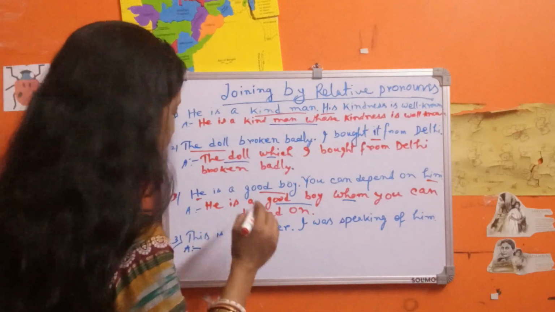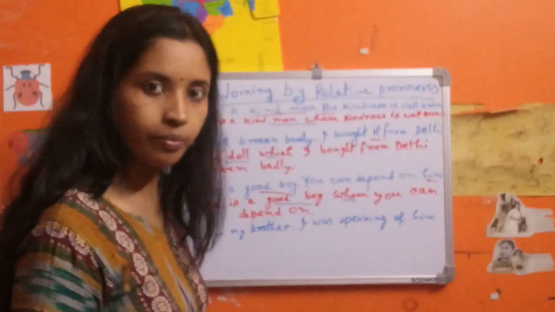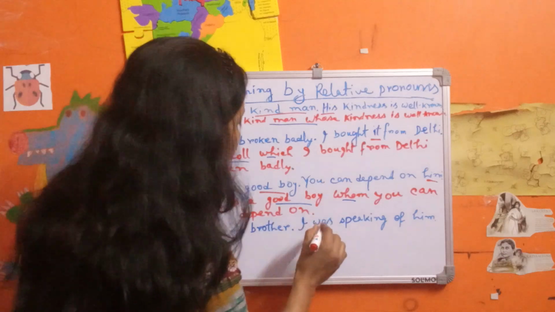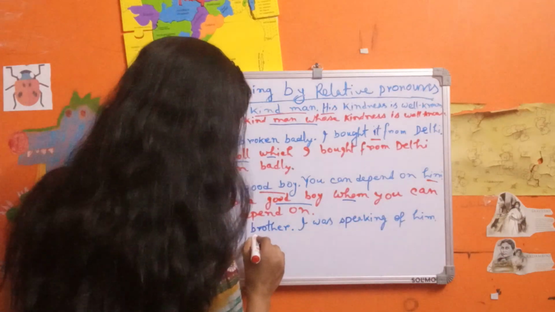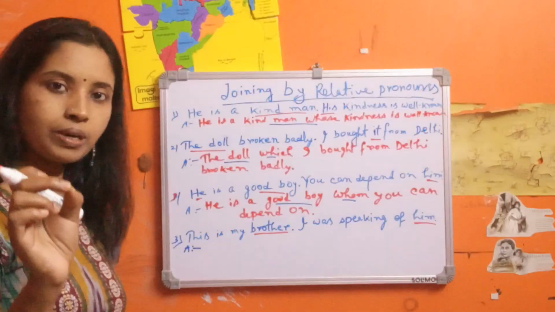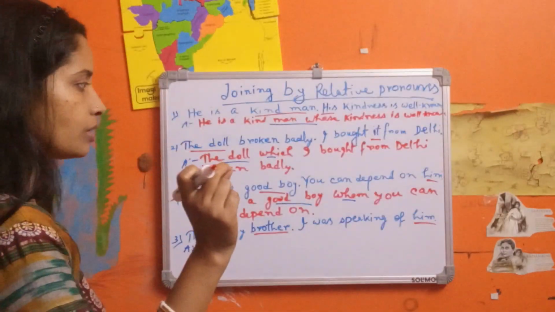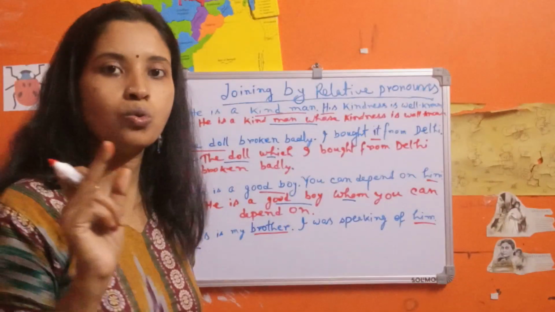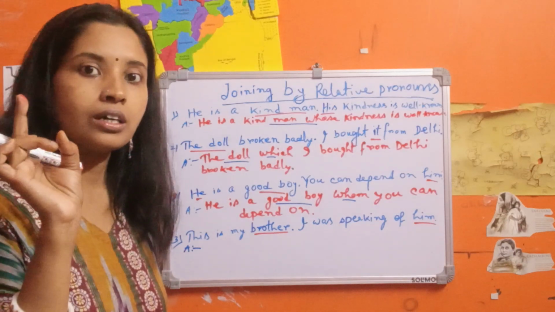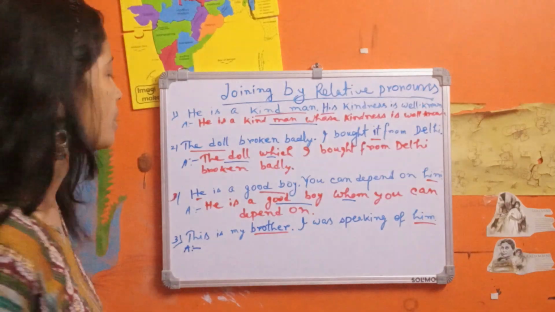Fourth example. This is my brother. I was speaking of him. Listen carefully. Here, brother and him refer to the same person, brother. That's why it would be connected with whose, whom, who, etc. These are the connectors of living things, living persons.